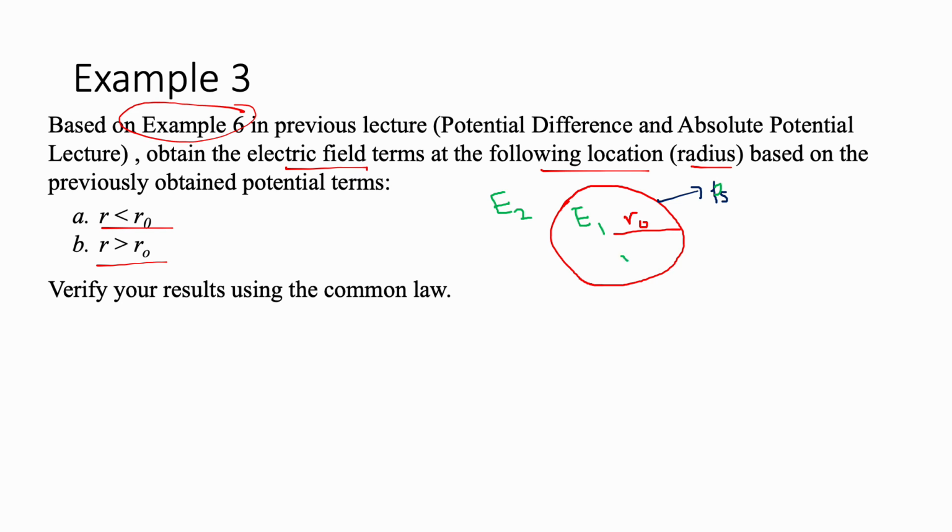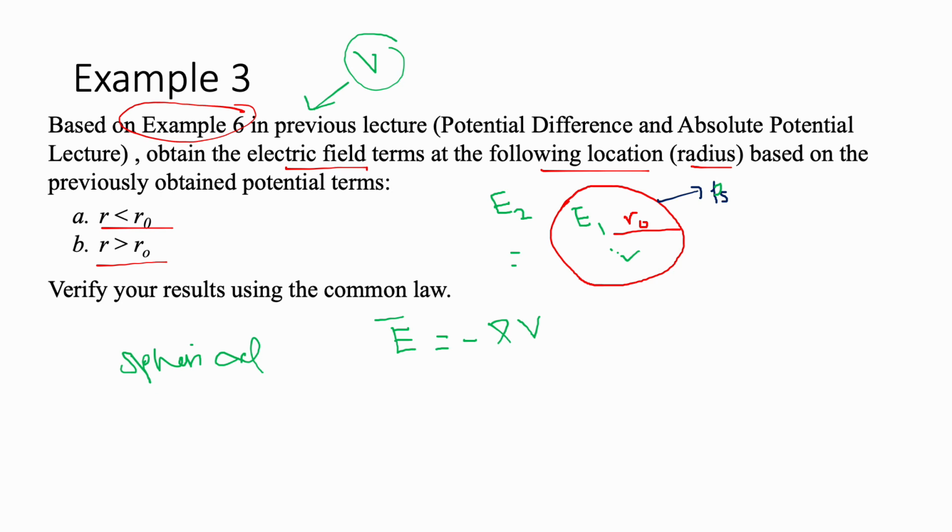Of course inside here it is going to be 0, so your E field inside and outside is different. To determine the E field, you can use the V that we have obtained in our previous lecture. Please refer to that. E is equal to negative gradient of V, and here you need to use the spherical orthogonal coordinate system.